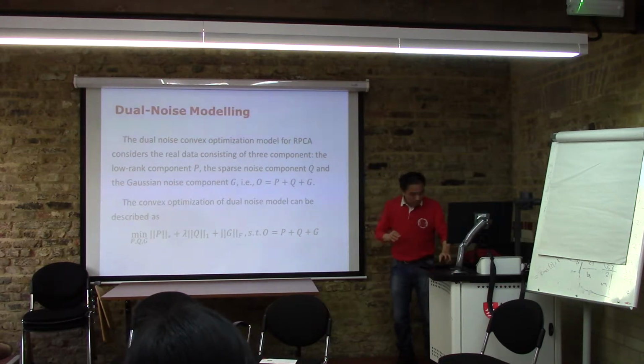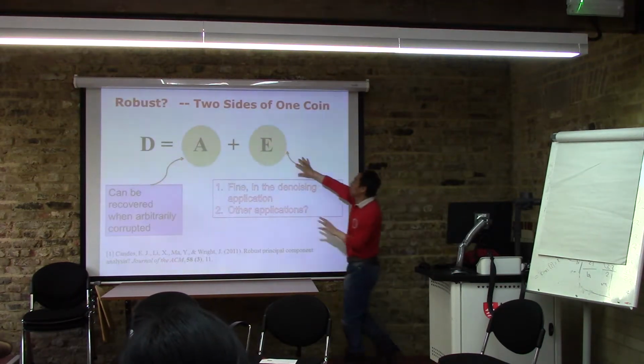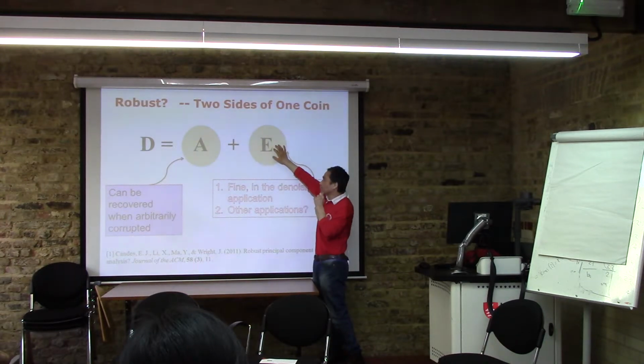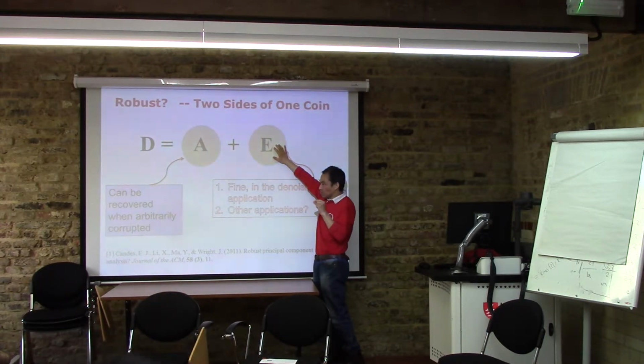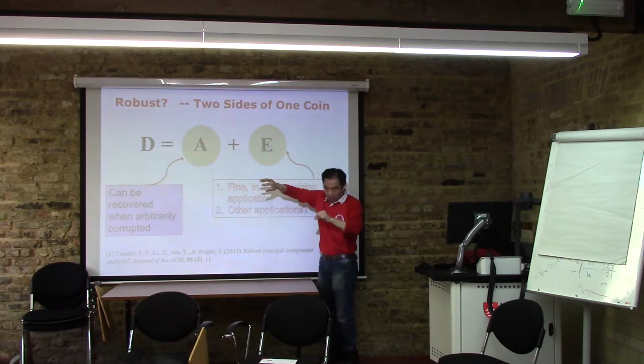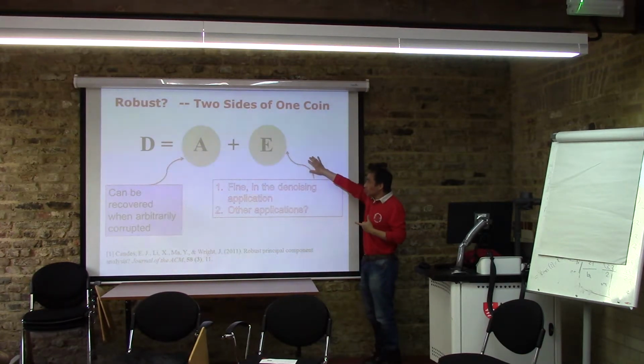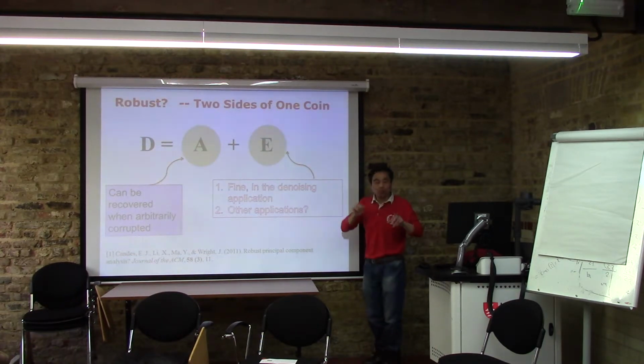And so this so-called noise can actually be a bias for the data, which can be the key point to distinguish this data from others. So in robust PCA, it doesn't care about any real noise.